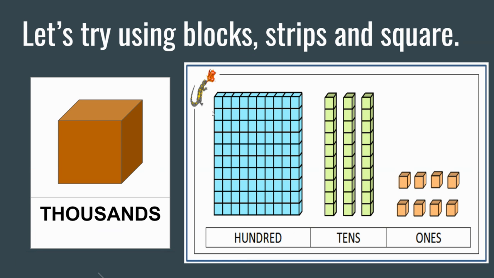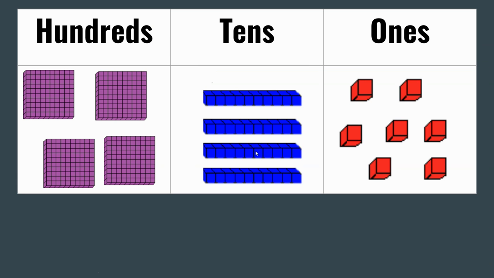Now, let's try using blocks, strips, and squares. Thousands are represented by a cube, hundreds are represented by a square, tens are represented by strips, and ones are represented by small blocks. If you are asked by your teacher to tell the value of this graph, you just have to count how many figures there are in each column.